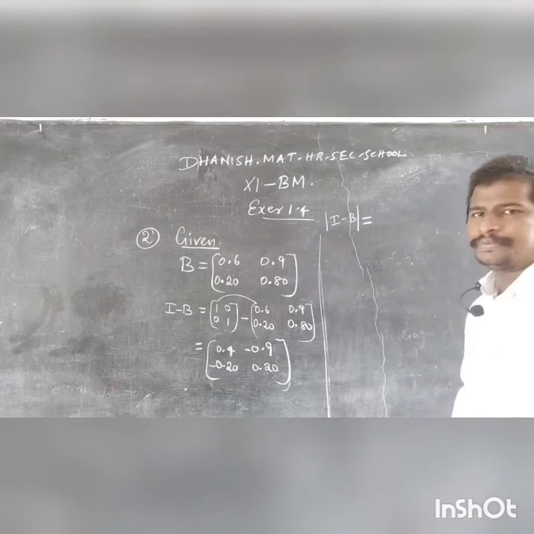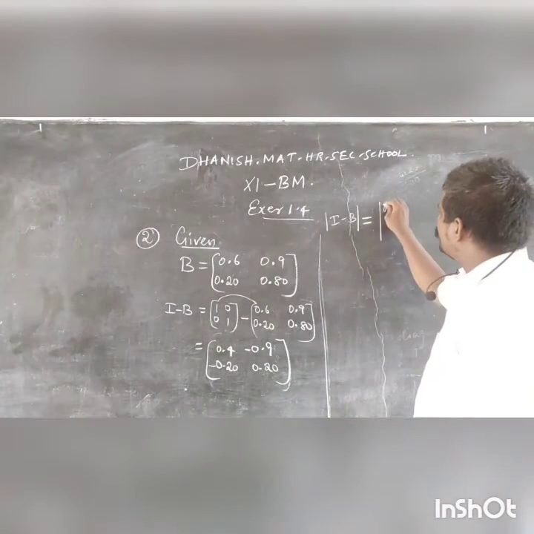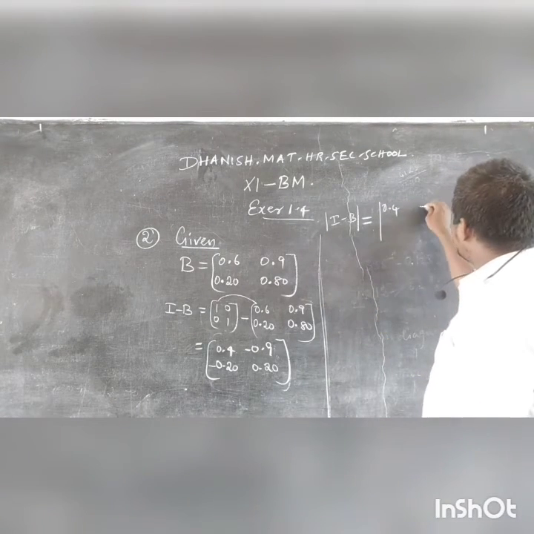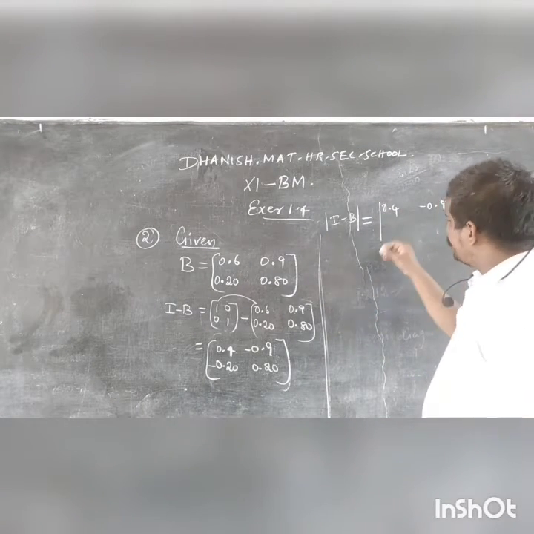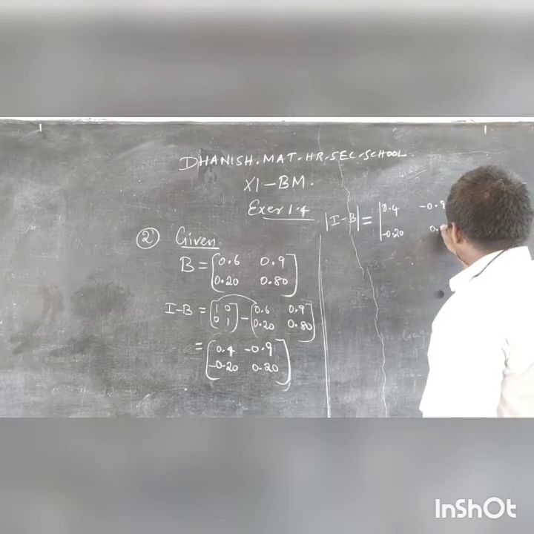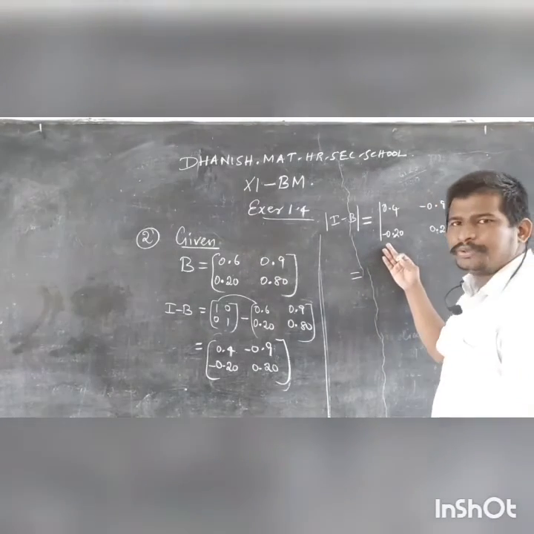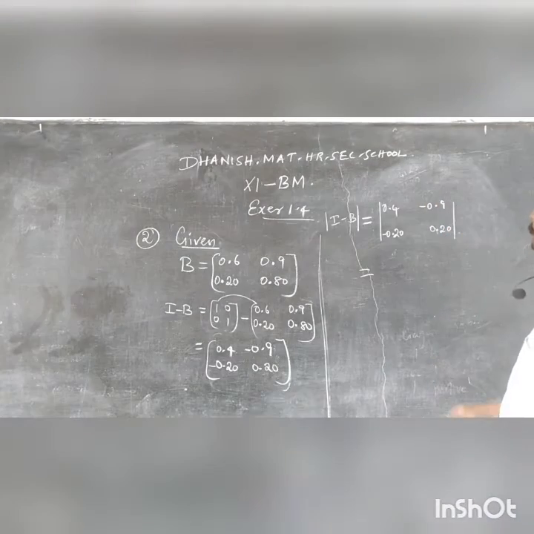Now, I am going to find determinant I minus B. This is equal to determinant 0.4, minus 0.9, minus 0.20, 0.2. Now I am going to expand this 2 by 2 determinant.